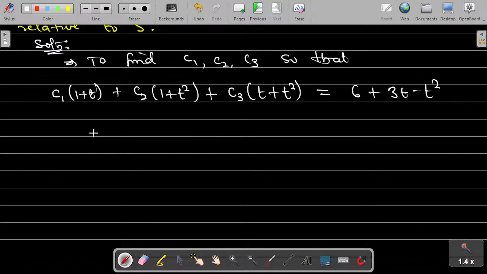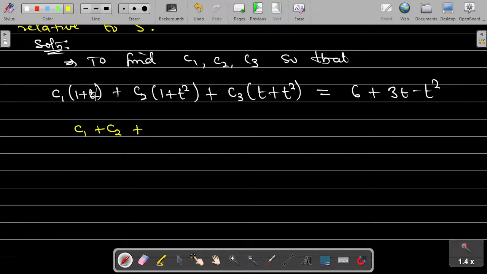So let's open the bracket. I'm going to bring together all constants: c1 plus c2 are the constants.